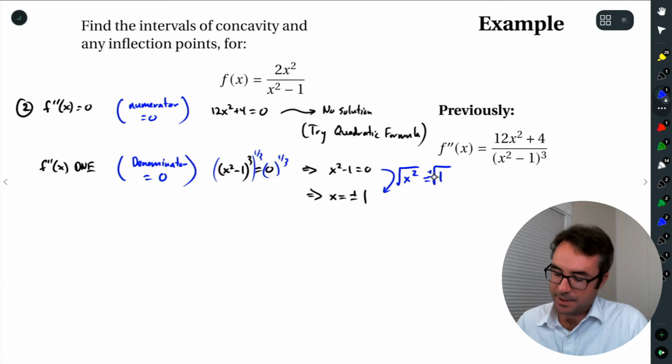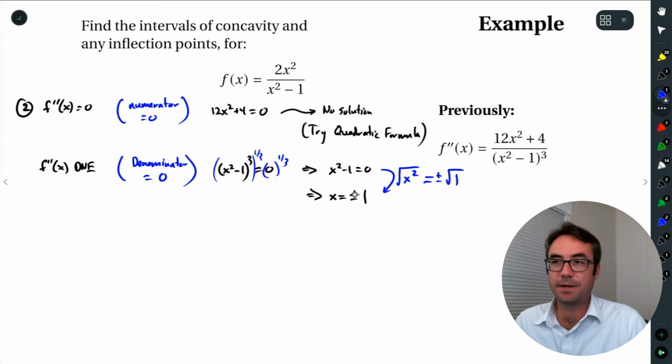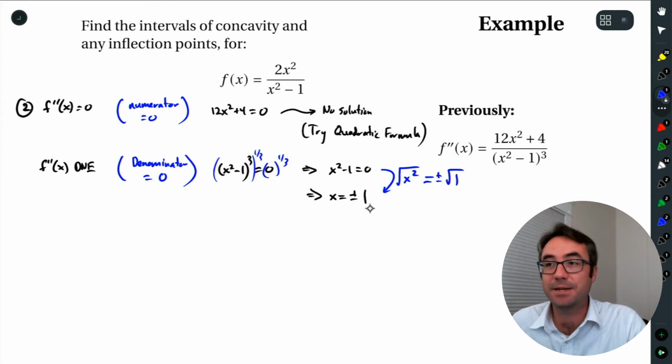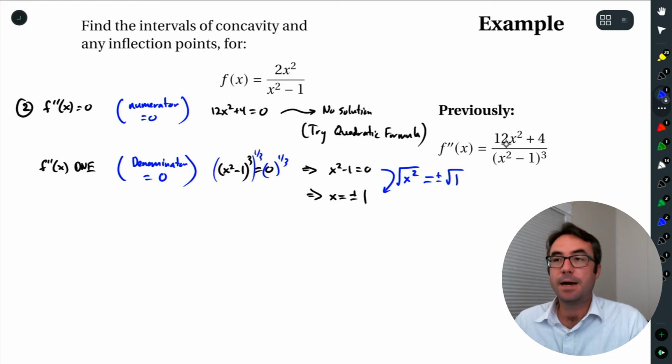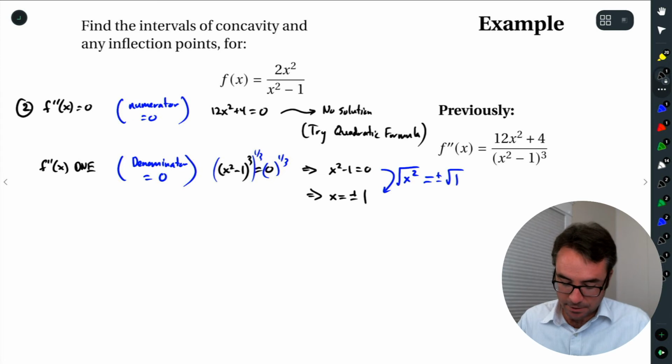And whenever we apply the square root, put a plus minus in front. And that's how we're getting x is equal to plus or minus 1. So there's actually a couple places where the second derivative is undefined. All right, so that's important for our sign chart. So let's work on our sign chart here.